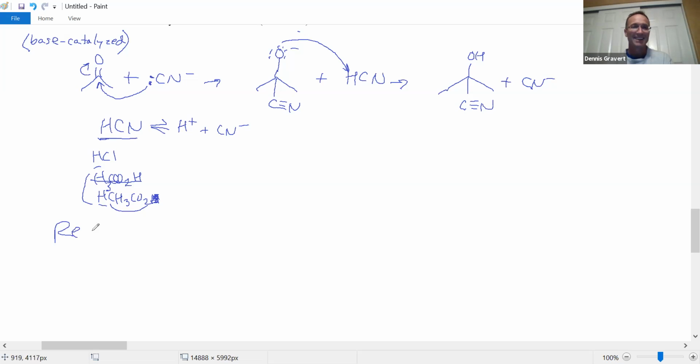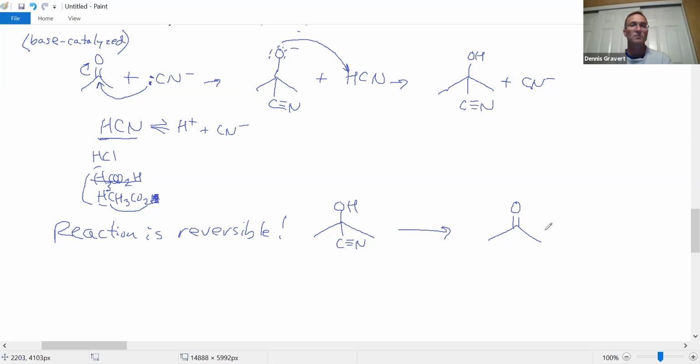Before I get into the details, let's just make the note, reaction is reversible! That means if you have the cyanohydrin, it can go backwards to convert it to its initial starting material, the ketone, plus HCN.